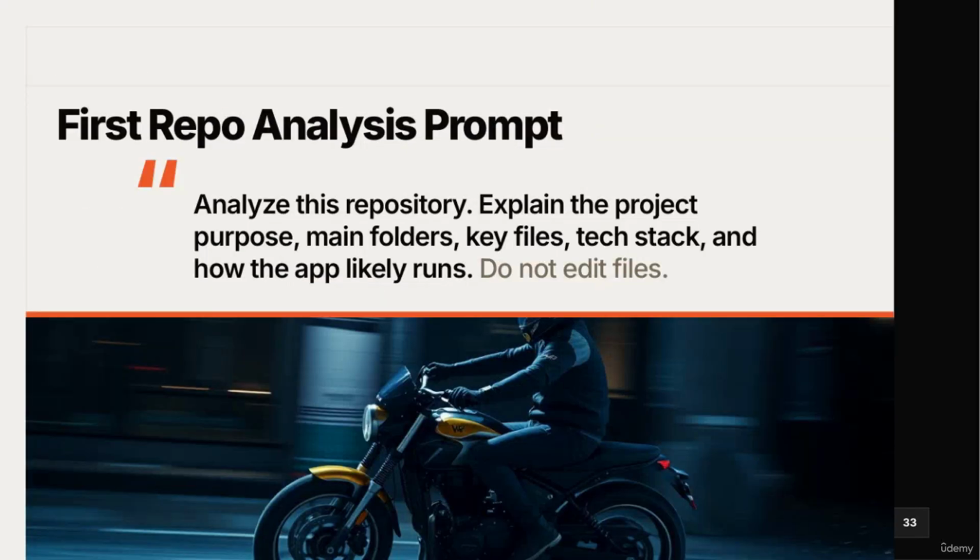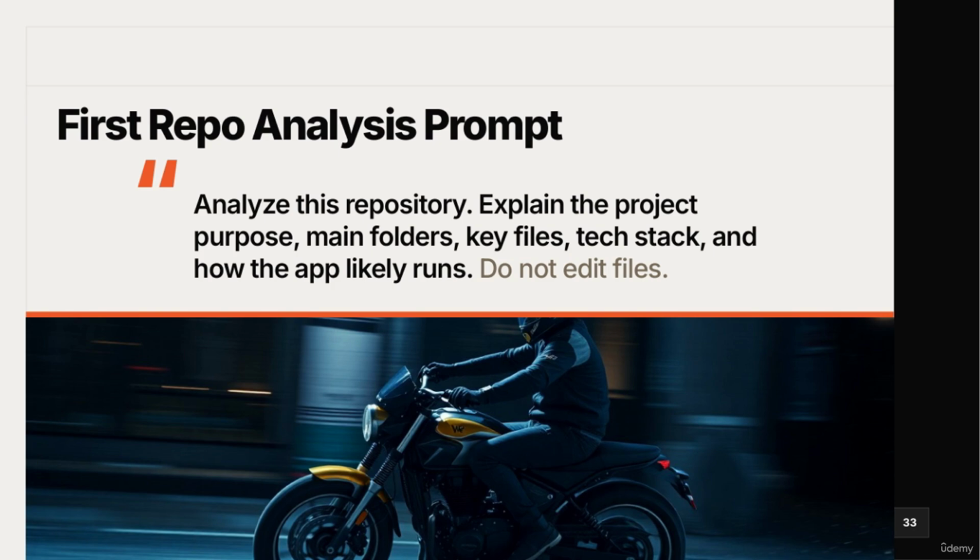Here, we have the first repository analysis prompt. Our task is to analyze this repository by breaking down several key elements. We'll start by explaining the overall purpose of the project, what problem it aims to solve, or what functionality it provides. Next, we'll look at the main folders to understand the structure and organization of the code base. We'll then dive into the key files, identifying those that are central to how the application works.